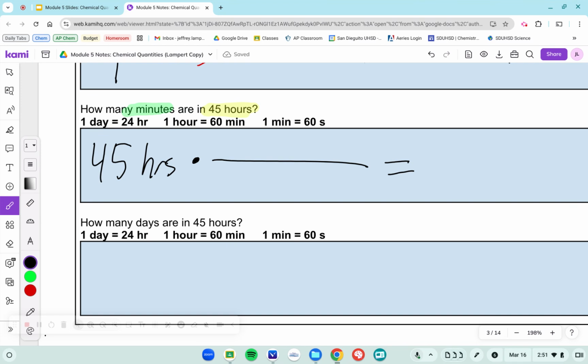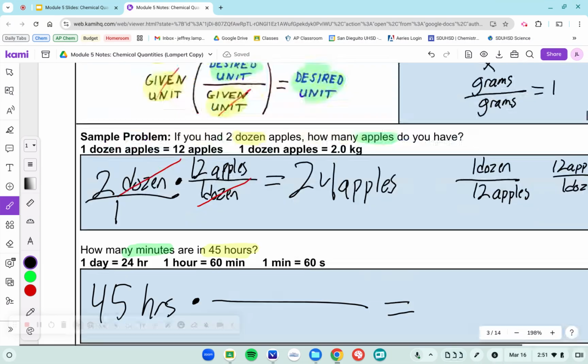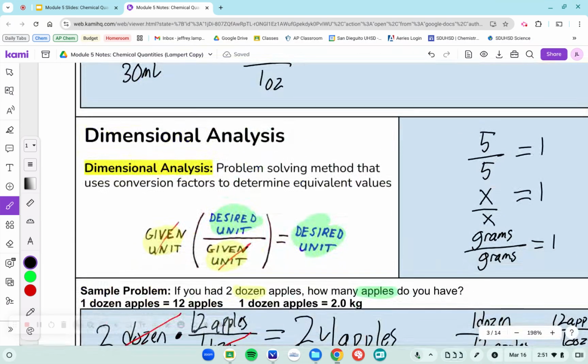All right. So now from here, I need to think about what I want to cancel and what I want to end with. Remember, from what we did up here, whatever unit I'm given is going to end up on the bottom of my conversion factor. Whatever unit I want to end with is going to go on top.